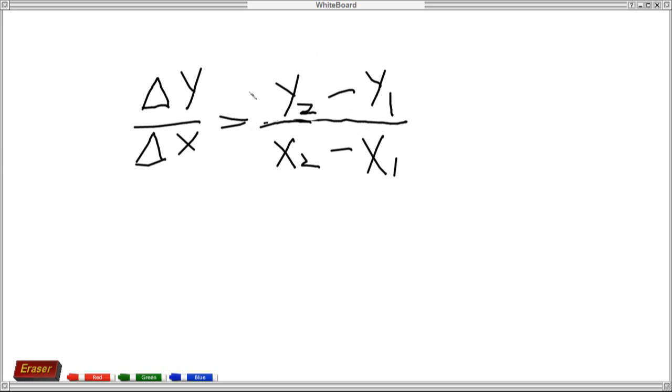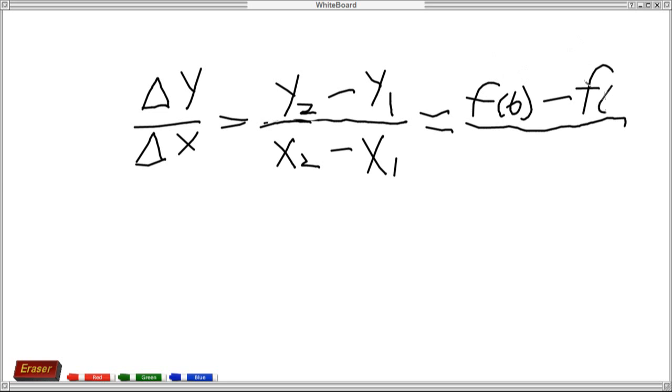Okay, and you'll probably know it in its other form, which is f of b minus f of a over b minus a.